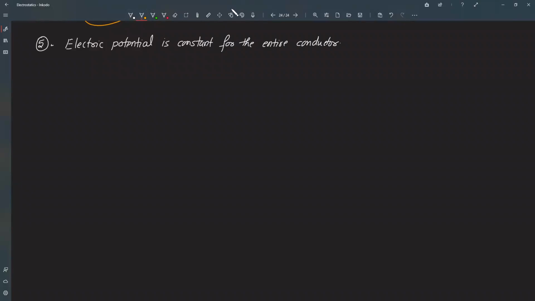Okay, we know what is dV. dV is minus E dot dr. I hope you still remember this. And since E equals 0 inside or in the interior of the conductor, that means dV will also be equal to 0. This means V is equal to constant, right?